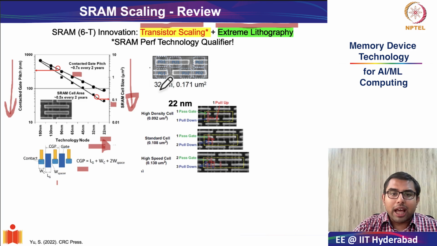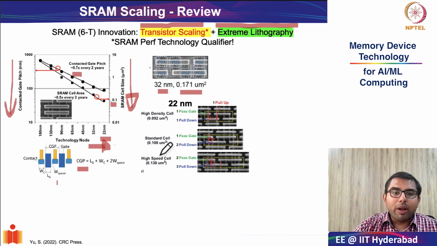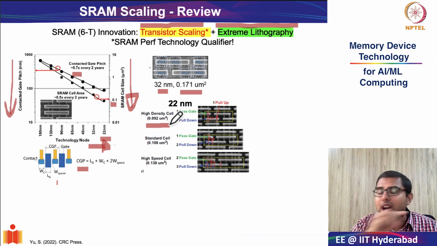So in the 32 nanometer node, the previous technology node, the minimum size of the SRAM cell was 0.171 micrometer square. However, with the 22 nanometer node, at least in the high density cell, you were able to cross over to less than 0.1 micrometer square. That is just one of the advantages.